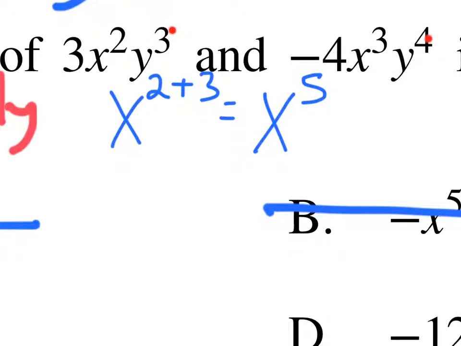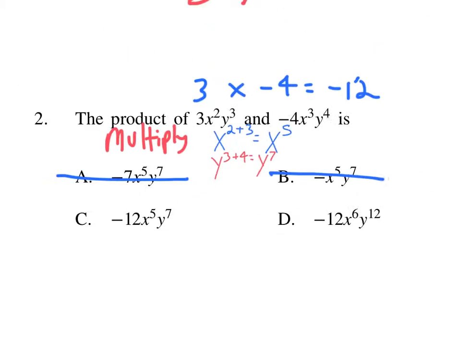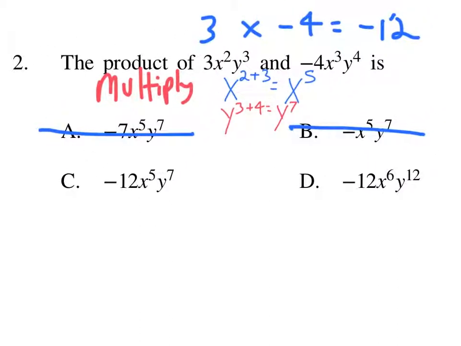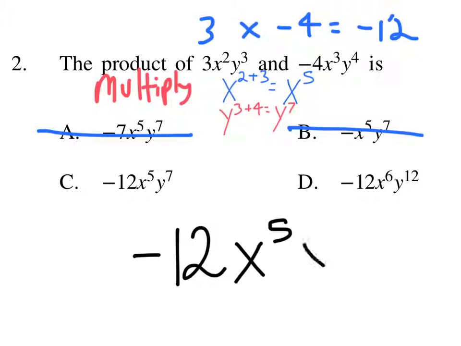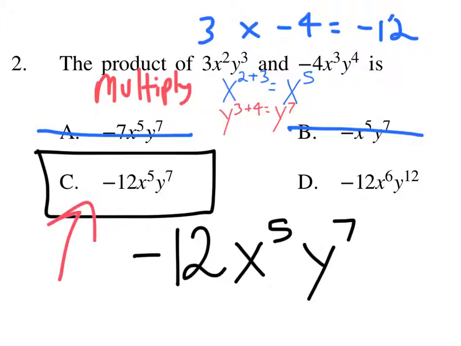The exponents are 3 and 4. So I'm going to be adding y to the third plus 4, and that's going to give us y to the seventh. So when we put this together, the answer is negative 12x to the fifth y to the seventh. And is that an option? Yep. Option number D. Letter C. D is not an option. C is excellent.